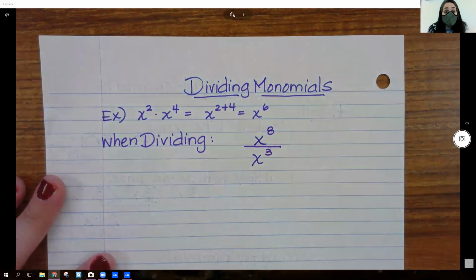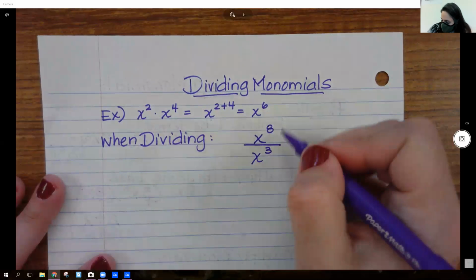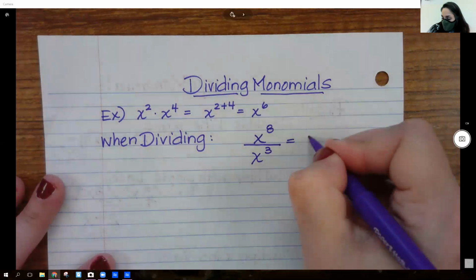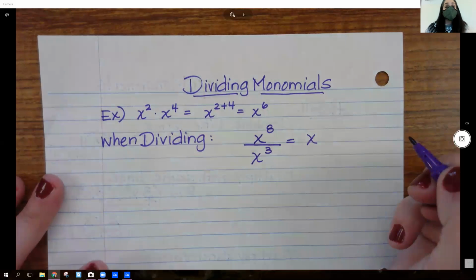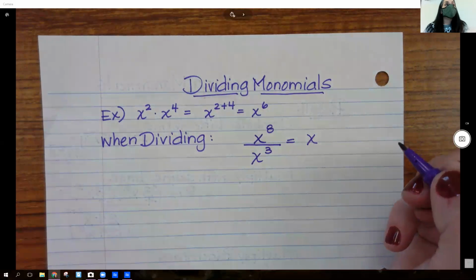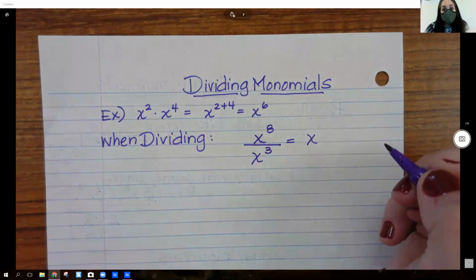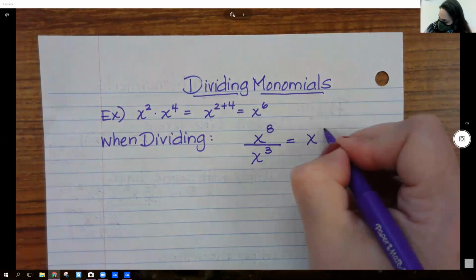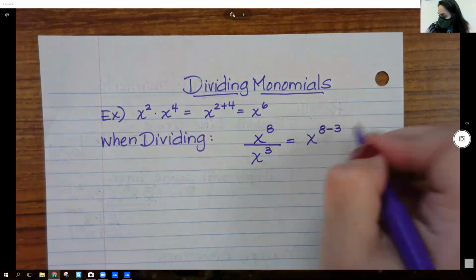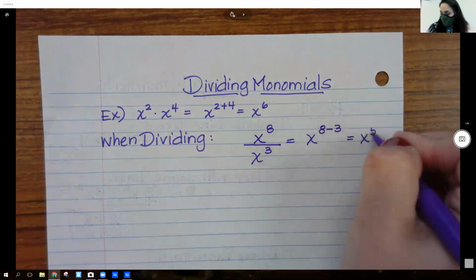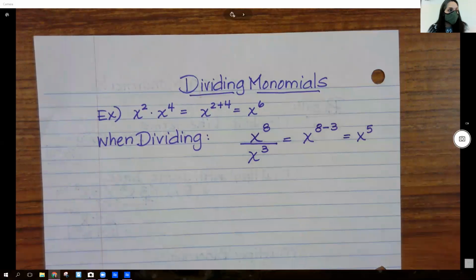So they're all going to look like fractions, but it's really just division problems, okay? Okay, so now you're going to keep the base, and instead of adding the exponents, you're going to do the inverse of that, which is subtracting. So it'll be 8 minus 3, which is x to the 5th, okay?